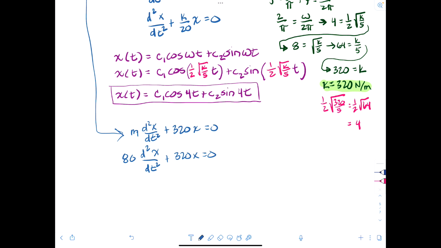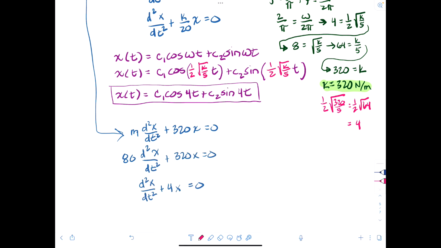So when we divide through by 80, we'll get that second derivative of x with respect to t plus, well, 320 divided by 80 is 4 times x is equal to 0. Groovy? Well, what is omega squared?